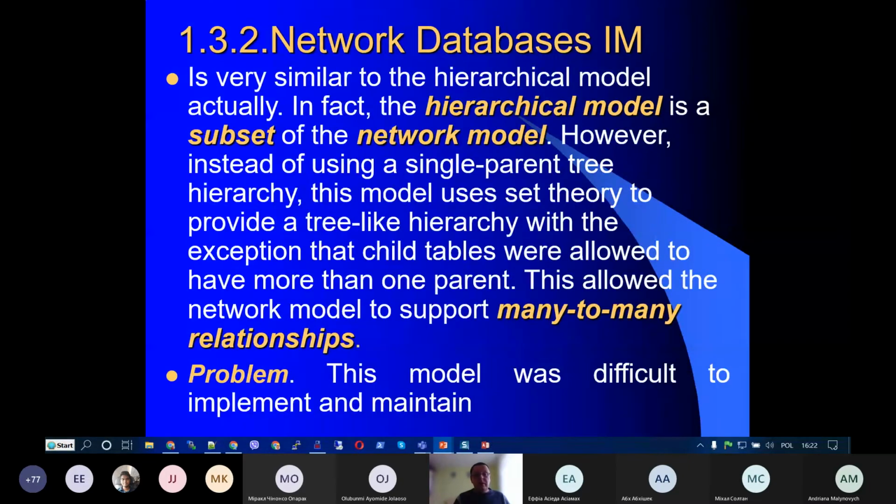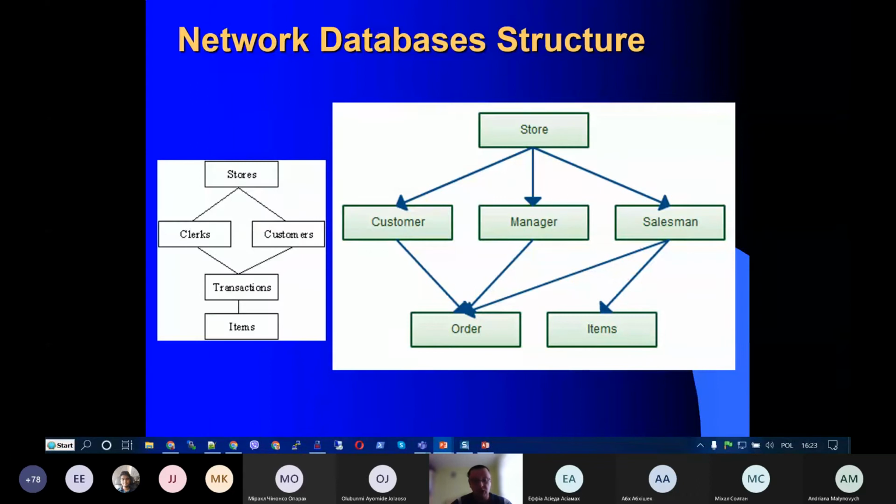The network model is similar to hierarchical, but actually hierarchical is a simplified subset of the network model. The major feature is that in the network model multiple parents for one child are allowed, so many-to-many relationships are supported well, but it's very difficult to track concurrency in relationship connections, and updates of each node through their parent-to-child relationships.